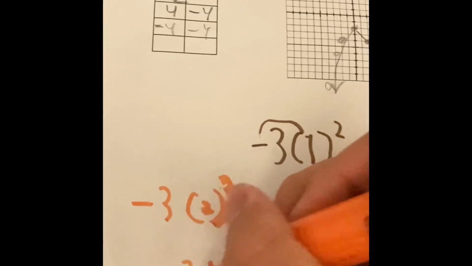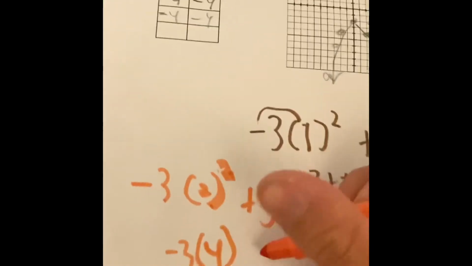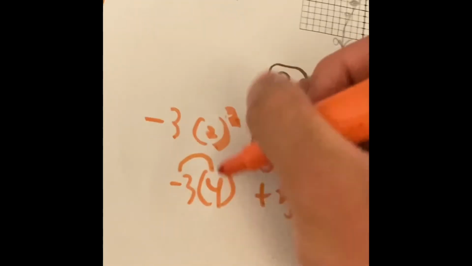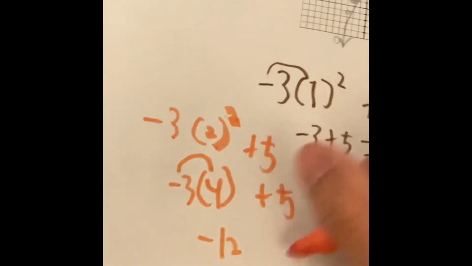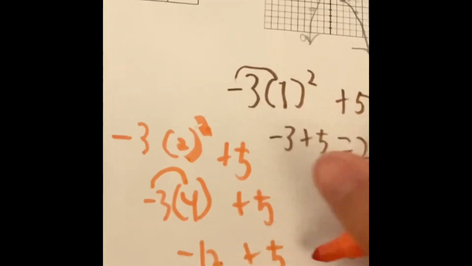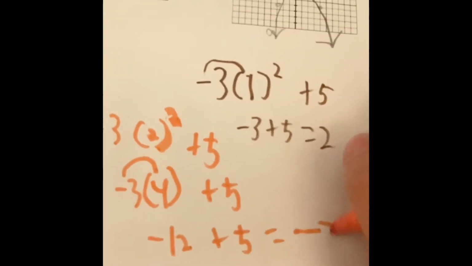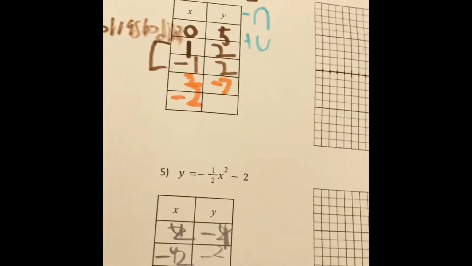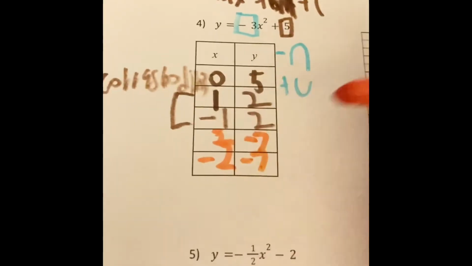So negative 3 multiplied by 4, plus 5. Negative 3 times 4 is negative 12, plus 5 is going to equal negative 7. Not just a positive, it will also become a negative. So we can write negative 7 right there, and negative 7 right there.